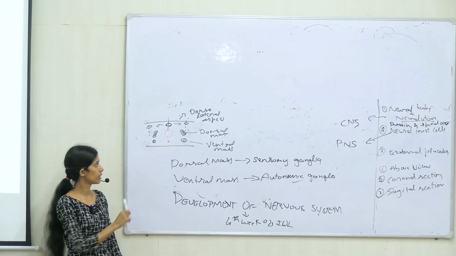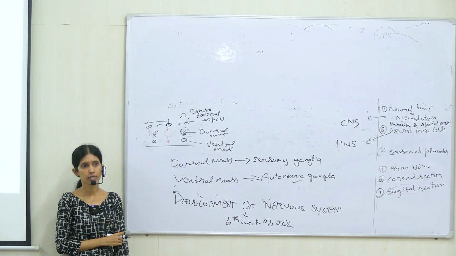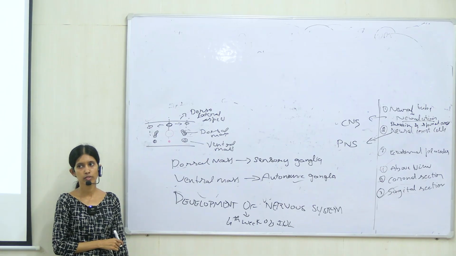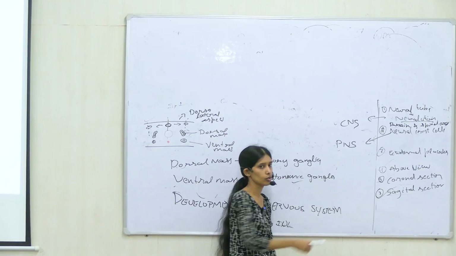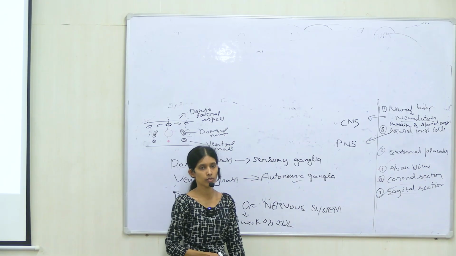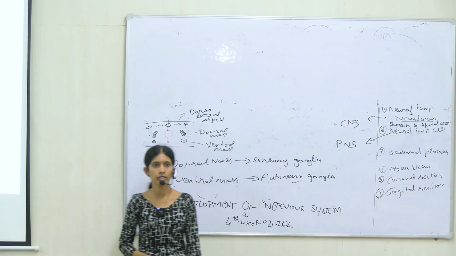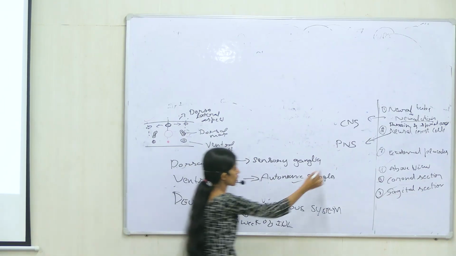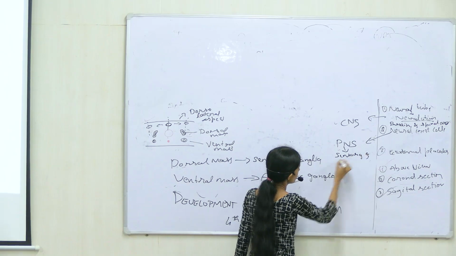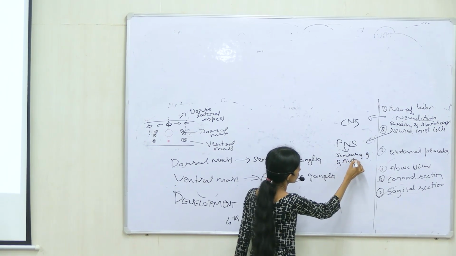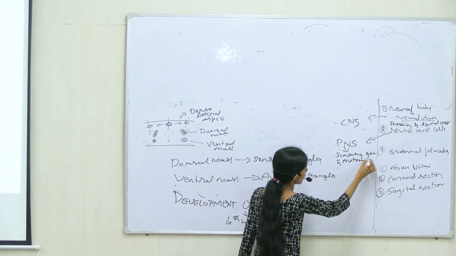Okay, any doubts in this? Any doubts? Okay, so your neural crest cell will give rise to which nervous system? Peripheral nervous system, which includes sensory ganglions and autonomic ganglion.